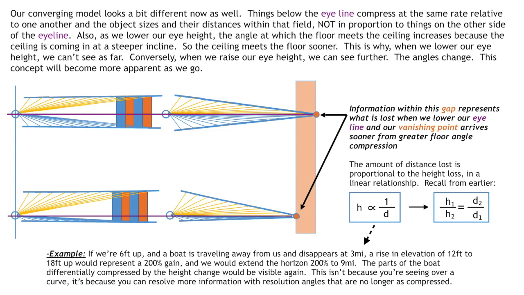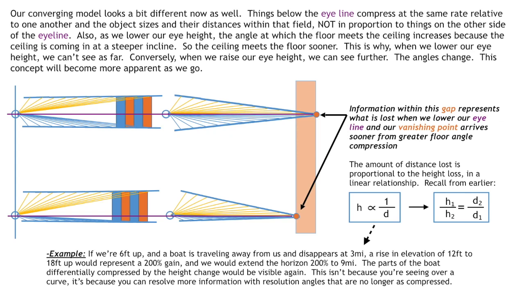So here's an example of this relationship. If we're 6 feet up and a boat is traveling away from us and disappears at 3 miles, a rise in elevation of 12 feet to 18 feet up, so we're adding 12 feet to our 6 foot elevation to now 18 feet, would represent a 200% gain, and we would extend the horizon 200% to 9 miles, again 1 to 1. The parts of the boat differentially compressed by the height change would be visible again.